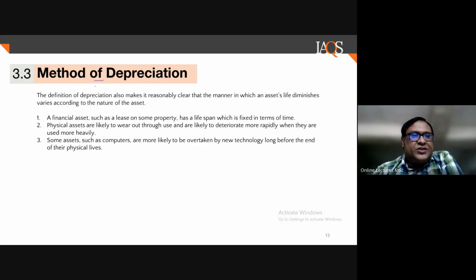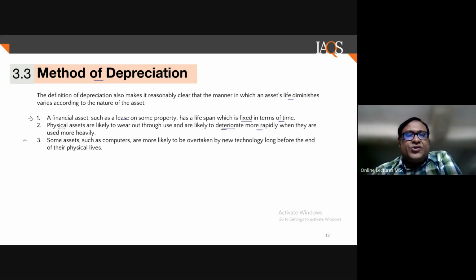Method of depreciation. The definition of depreciation also makes it reasonably clear the manner in which the asset's life diminishes. For example, for a financial asset like a lease on some property, the lifespan is fixed in terms of years. Physical assets like plant, property, equipment deteriorate much more rapidly because of the flux of time, or technological obsolescence.